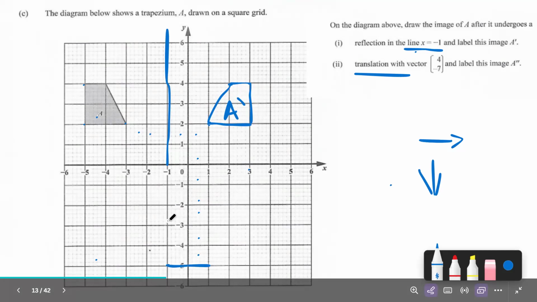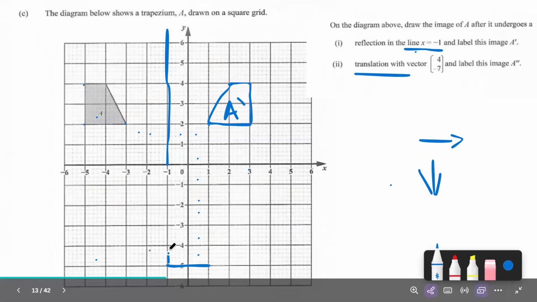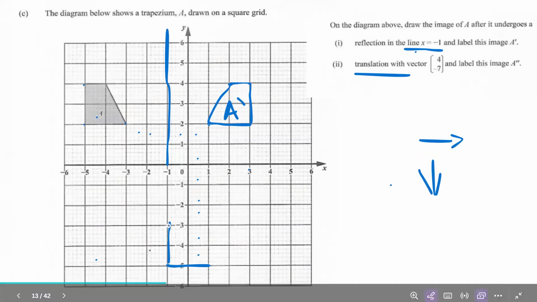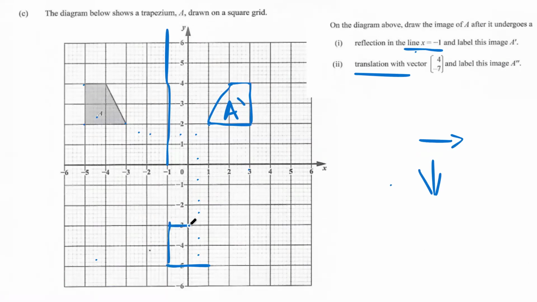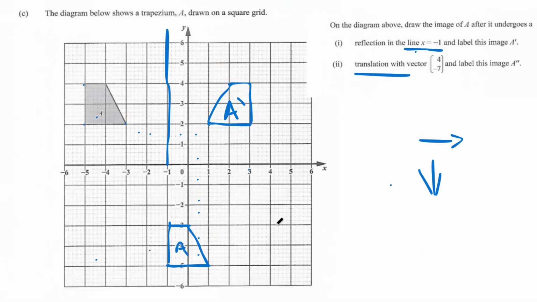And then I'm going to move up because I know that this is 2 boxes. It's going to move up here. Then come across 1 box. I'm just following the outline of this shape, so it's easier for me. And this will be my shape. This is a double prime. And that's our answer there.